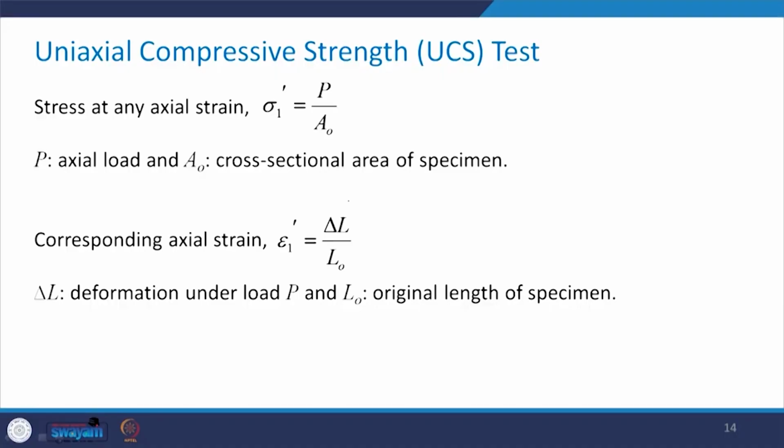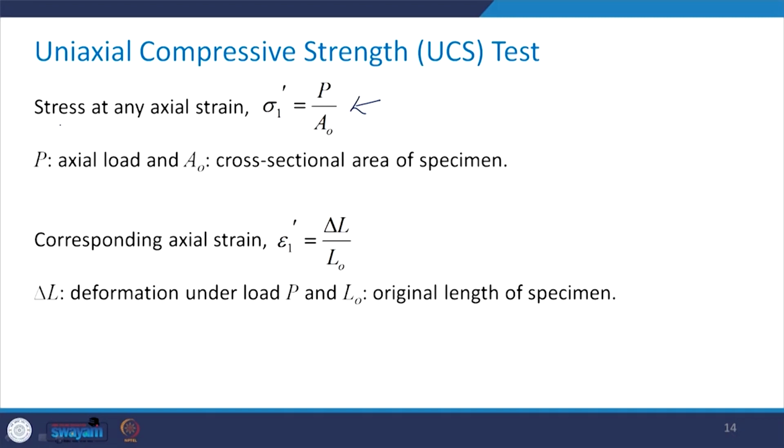Let us say we are increasing the load slowly. Let us say we consider the stress at any axial strain, not going up to the failure, but somewhere in between the test. So we have sigma 1 prime equal to P upon A naught, where P is the axial load corresponding to this stress level, and A naught is the cross sectional area of the specimen.